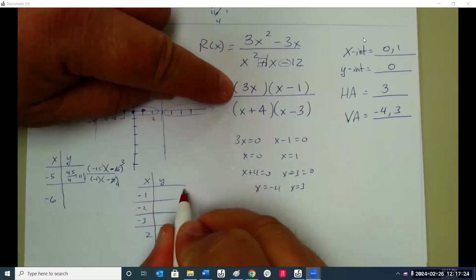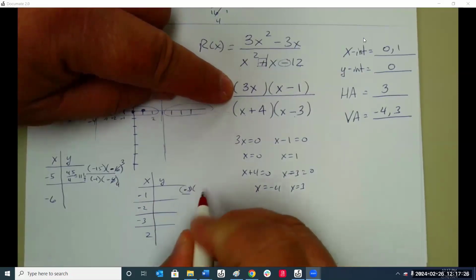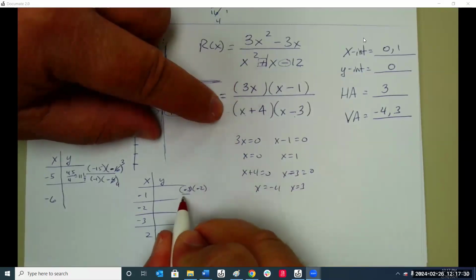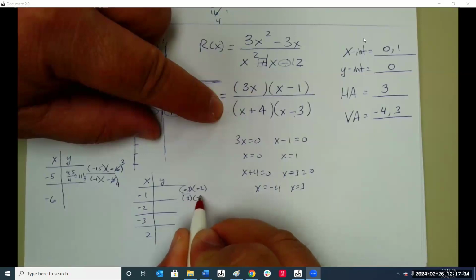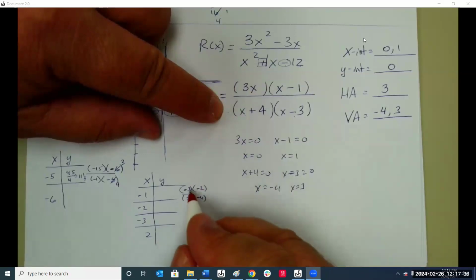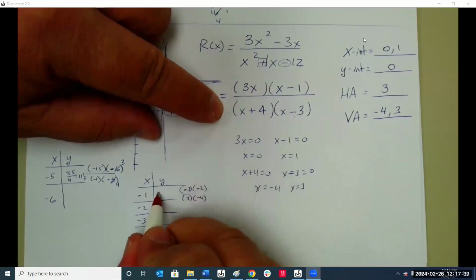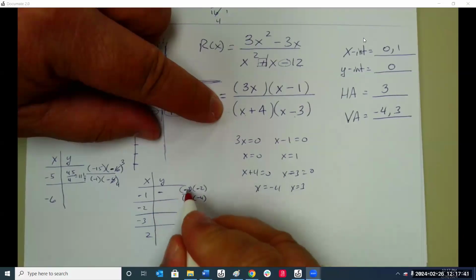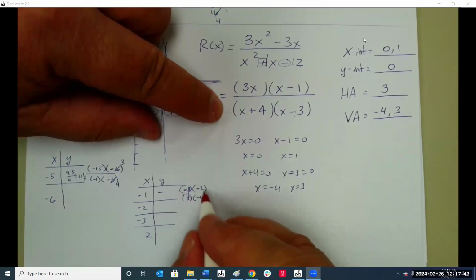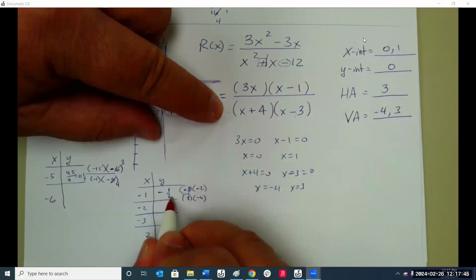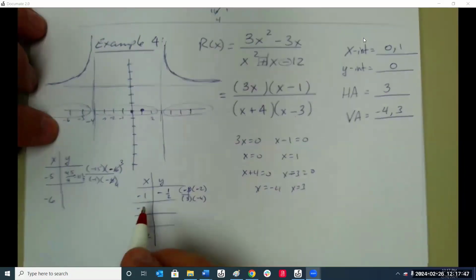So negative, that's -3, -2, 3, -4. So the answer is going to be negative since there's 3 negatives. 3's cancel. It's 1/2. So -1/2 at -1.